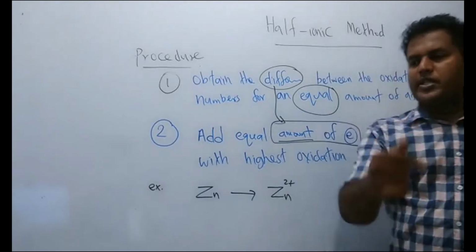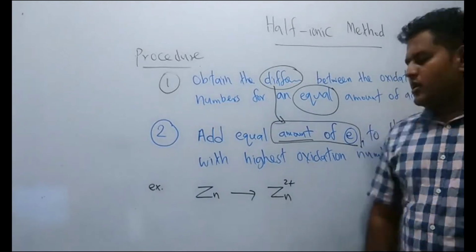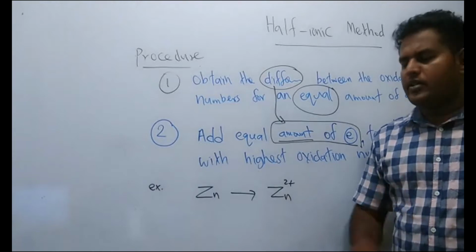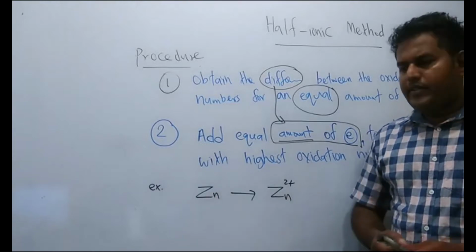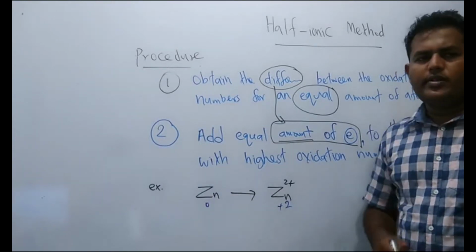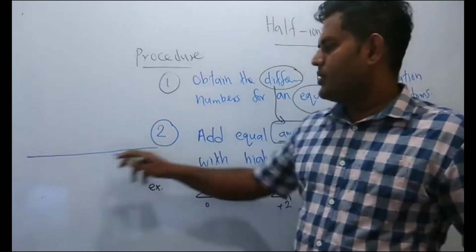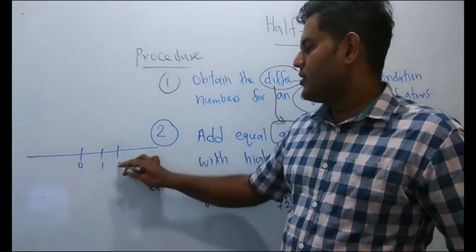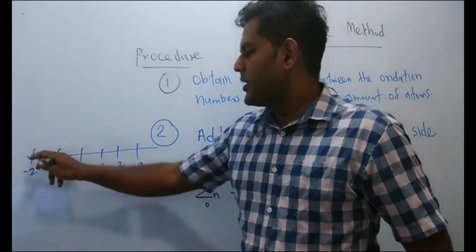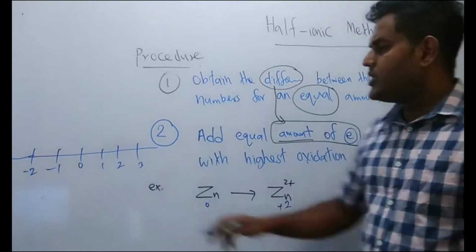Just give me the answers. What is the oxidation number of zinc? 0. What is the oxidation number of zinc 2 plus? Plus 2. Then what is the oxidation difference? Difference means gap. Do you know the number line? What is the gap between 0 and 2?